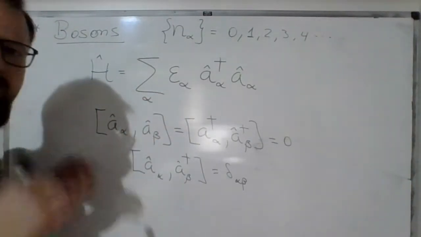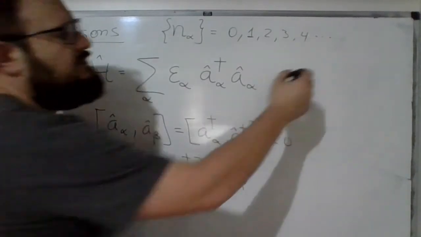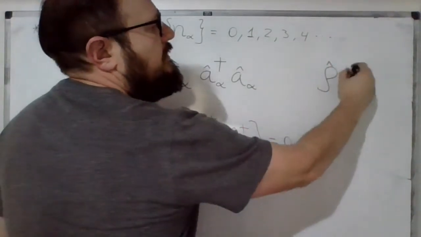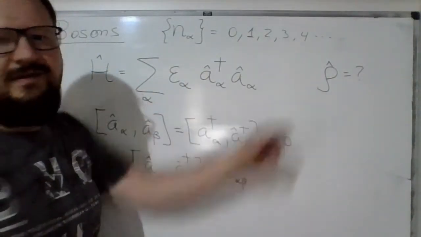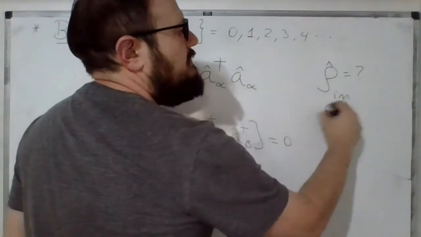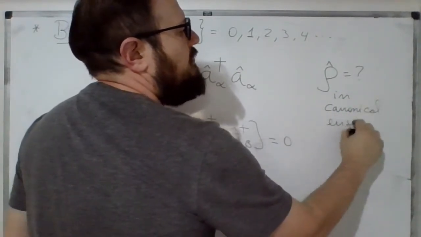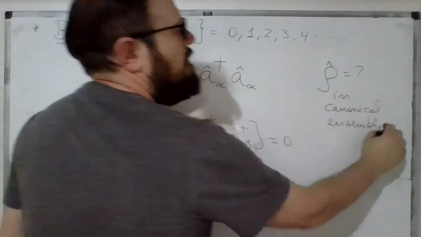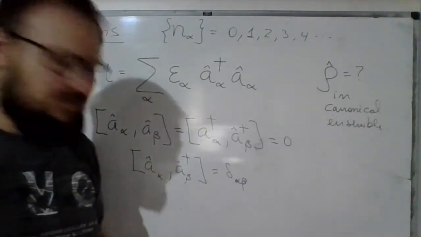But first we need to calculate the density matrix in the canonical ensemble. So what is this matrix in the canonical ensemble?